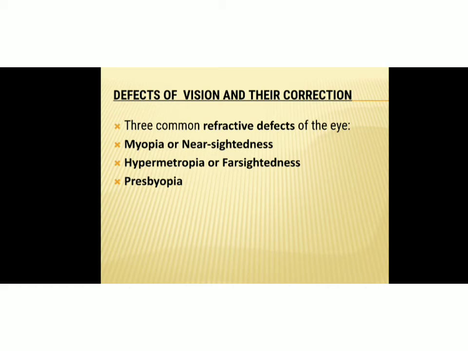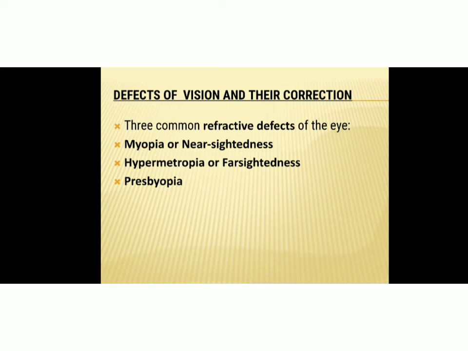It may not be infinity sometimes. So such persons will suffer defects of vision. Okay, and these defects in vision need some correction. So defects of vision and their correction, that's what we are going to discuss next.